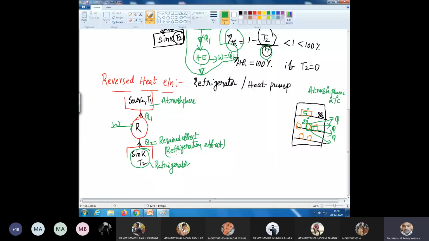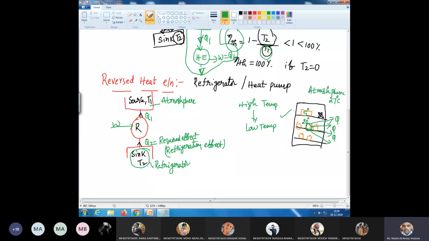Why am I supplying the work? Because we are taking the heat from the body under lower temperature and supplying it to the body under high temperature. Naturally, heat always flows from a body under high temperature to the body under lower temperature.